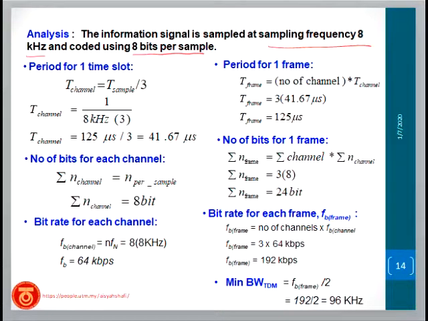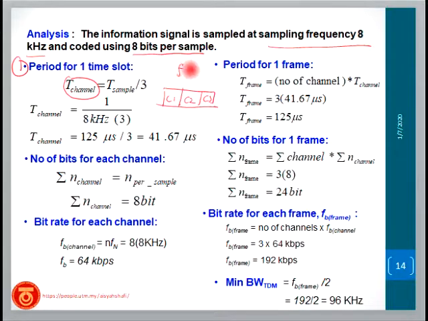There are several parameters that you need to know in the TDM. The first one is the period for time slot. Period for time slot means period for channel. We have channel 1, channel 2 and channel 3 that have the same frequency but different times.